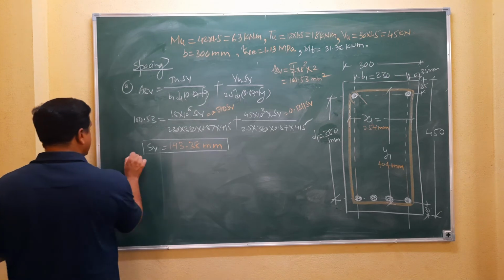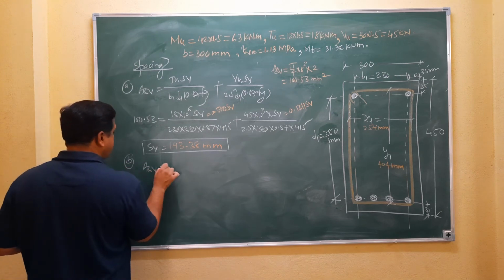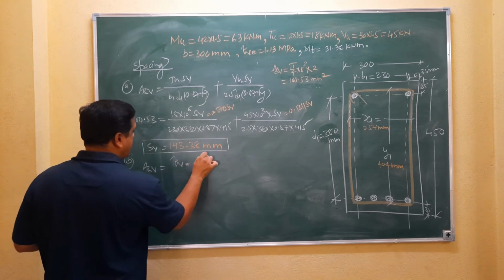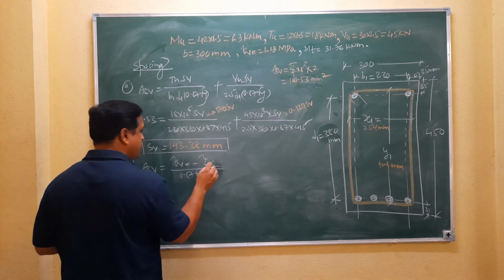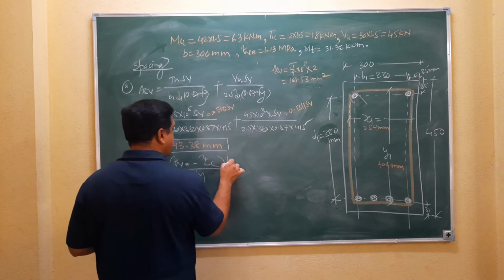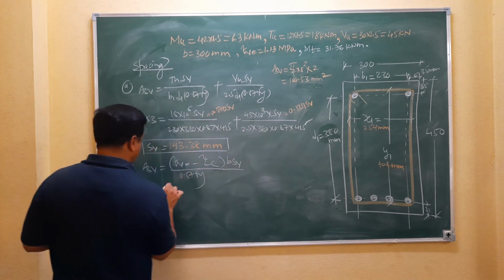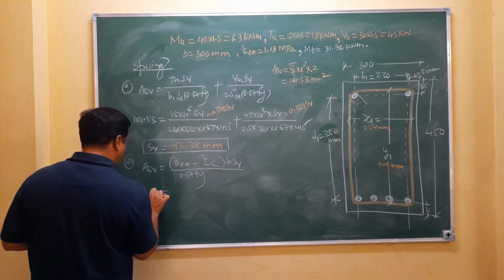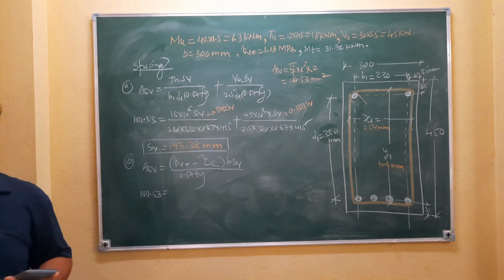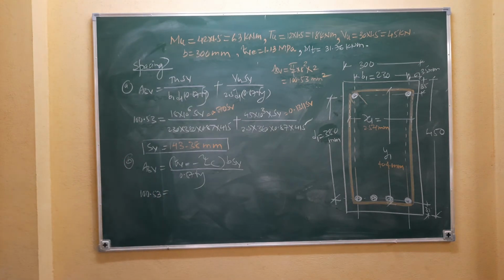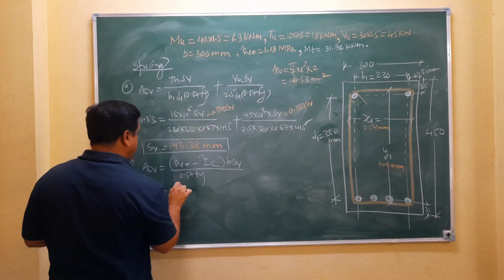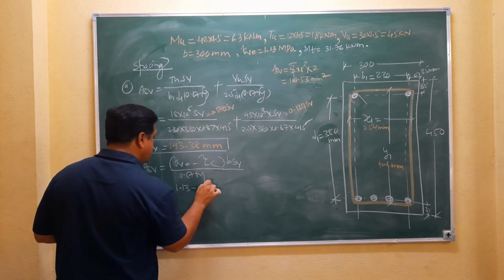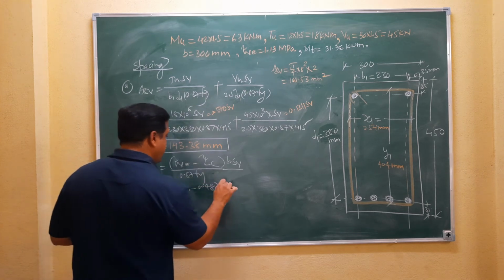Second formula is Asv is equal to tau v minus tau c divided by 0.87 fy and multiplied by b into Sv. So it is 100.53. We know the value tau v is 1.13, tau c is 0.48, width is 300.